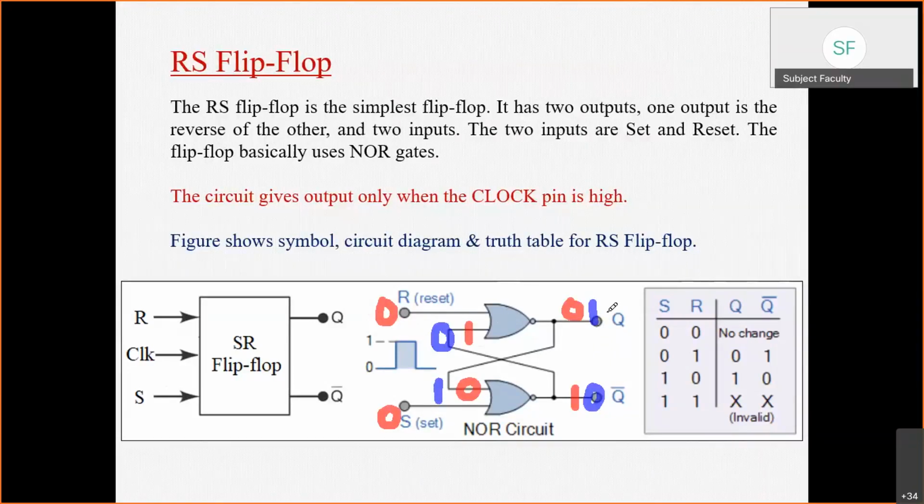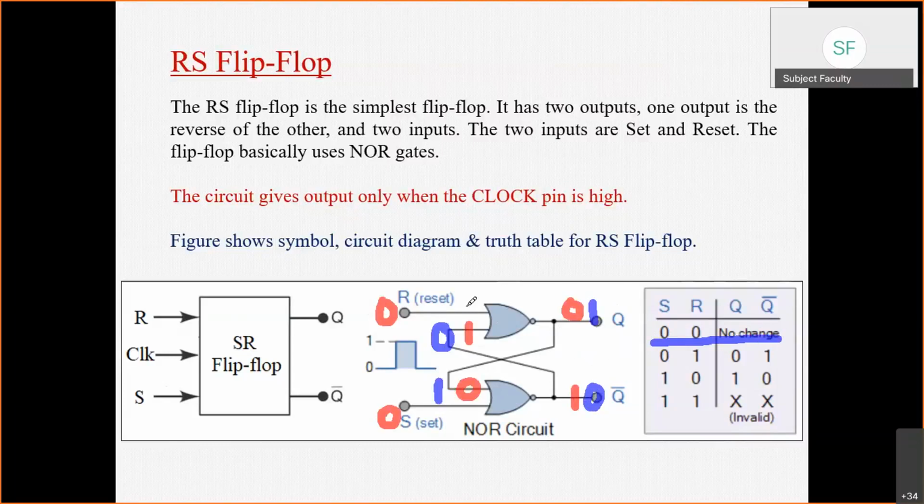It was 1 earlier, and it is still 1. Similarly, for this NOR gate, the inputs are 1, 0, so the output will be 0. So here you have clearly observed that whatever assumptions you made, the outputs are not changing. Hence it is written as no change.